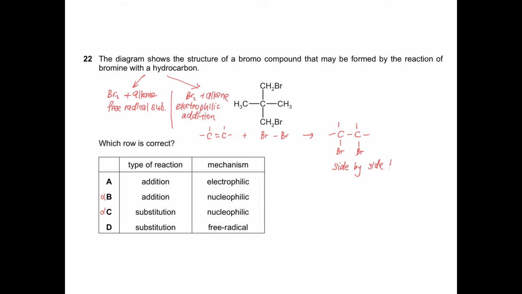Remember, this is alkene. Now when you look at the product here, these two bromines are not side by side. Hence we have to know that this product is not from alkene, because if it's from alkene, the bromines must be side by side, because the carbons that originally had the double bond must be two adjacent carbons.